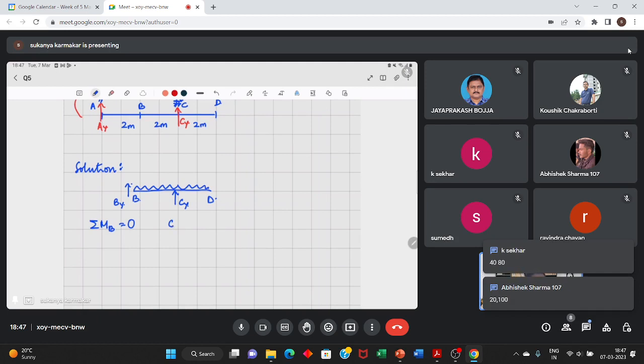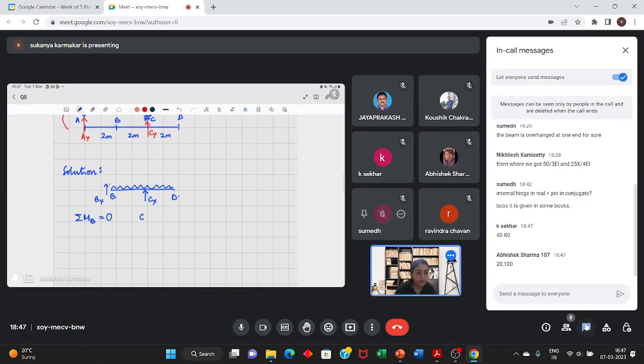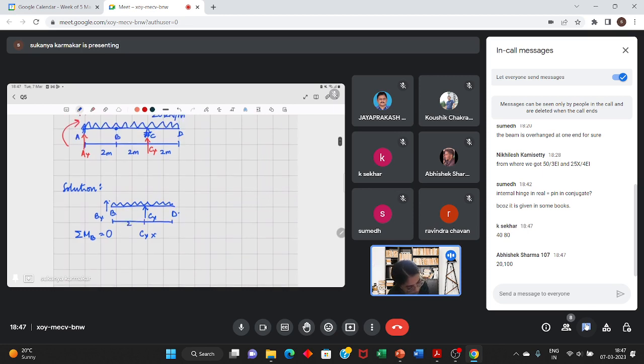Okay, two of you have answered and have given me completely different answers. I'll start solving it. So Cy into this distance is 2 meter, this is 2 meter.